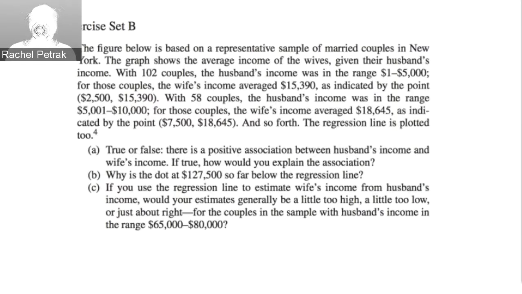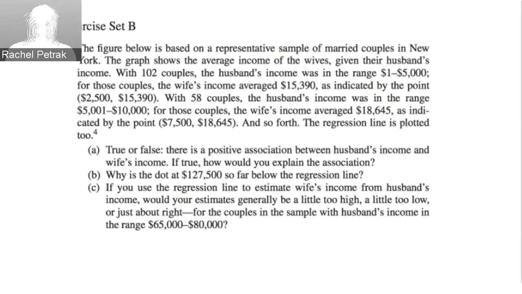But finally, if we use the regression line to estimate the wife's income from the husband's income, would your estimates generally be a little too high, a little too low, or just about right? Specifically for the couples in the sample with the husband's income in the range 65,000 to 80,000. So the question here is asking, essentially, if we switched the position of the variables.